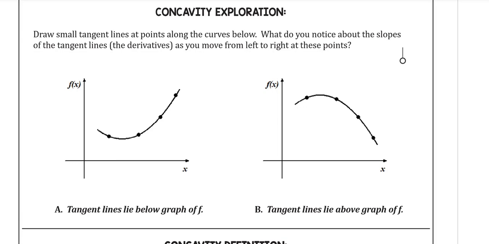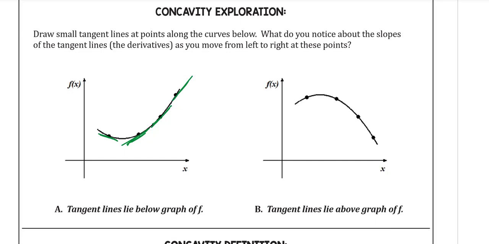In this first exploration, we want to draw tangent lines at the points along the curve that are marked, and notice what changes about the slopes of the tangent lines as you move from left to right. Drawing a little tangent line here, we can see we're going down, then we're going up, we're going up.